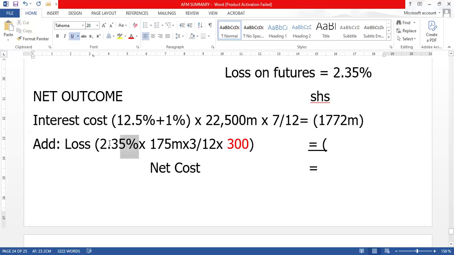2.35%. Don't forget this percentage, so you divide by 100. This divided by 100 times this times 3 out of 12 times 300. What do you get? 308.